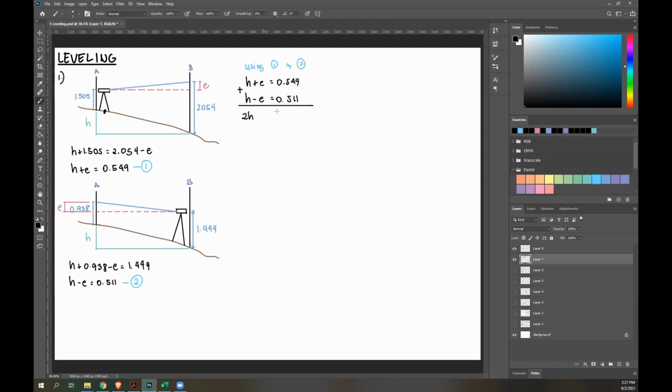So we're going to get 2h equals 1.060. And then to solve for h, 0.53. Okay, so this answer is 0.53 in meters.